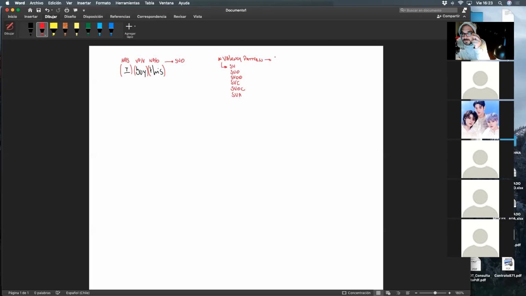The valency patterns have, I would say, members, I would say parts, I would say units, and they are called subject, which is the doer of the action, right? The symbol is capital S. Then we'll have the verbal part.